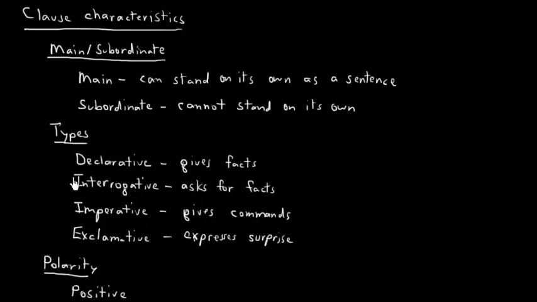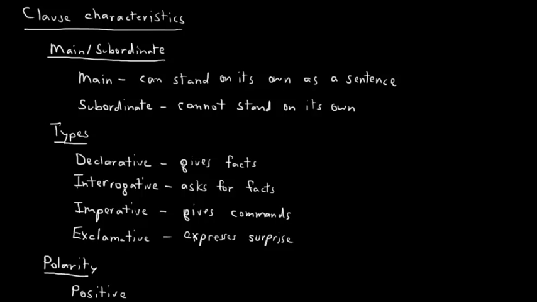So somewhere in them we will have a verb with person, tense, and number. The imperative does not have a finite verb. Okay, it always uses the base form. We'll talk more about that. And the exclamative, again, if it's main, will have a finite verb. And exclamative clauses are almost always main clauses.